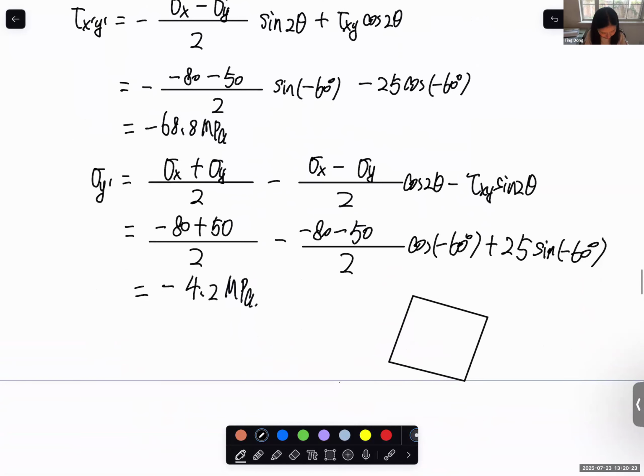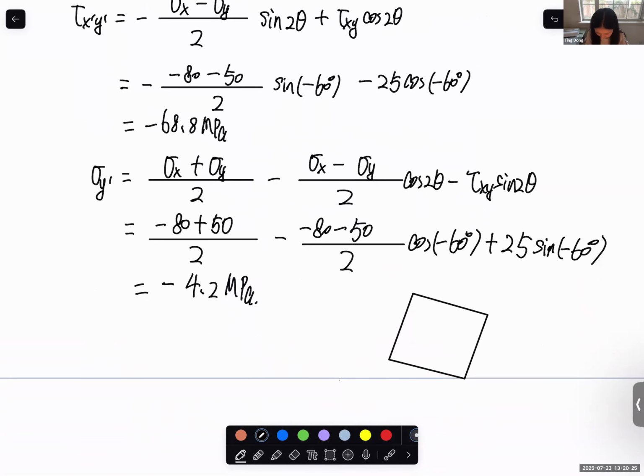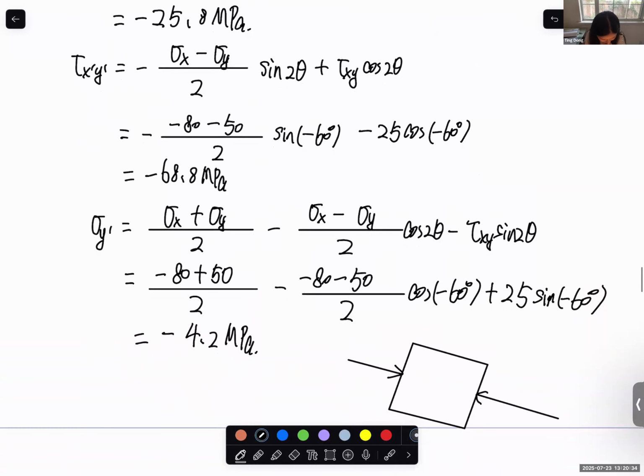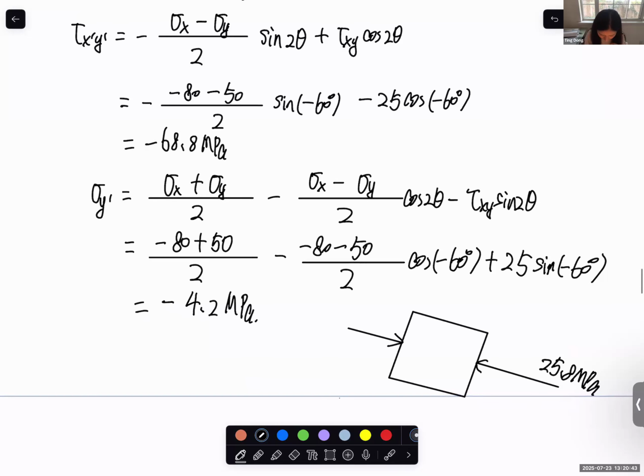X prime negative, so clockwise 30 degrees. So compression on X prime, 25.8. And sigma Y prime negative, so this is 4.2 megapascal.